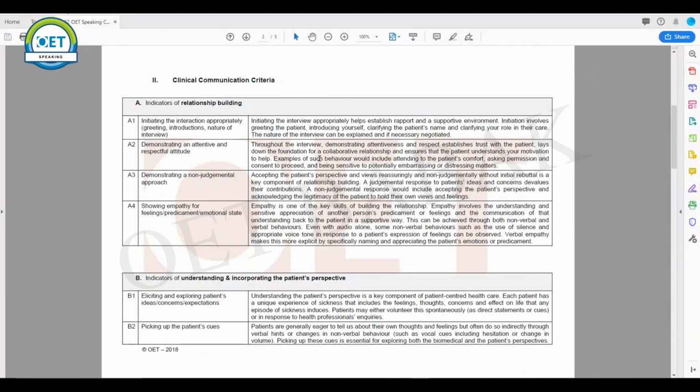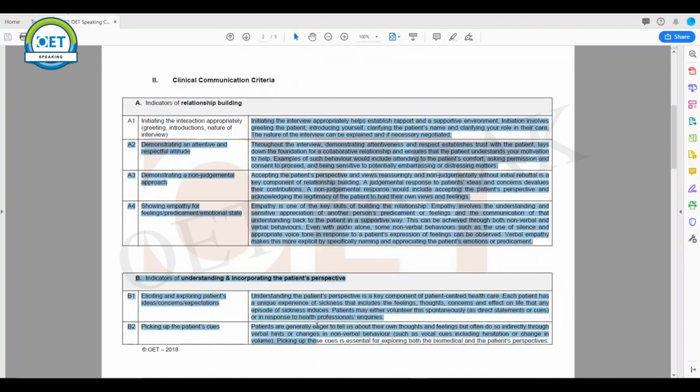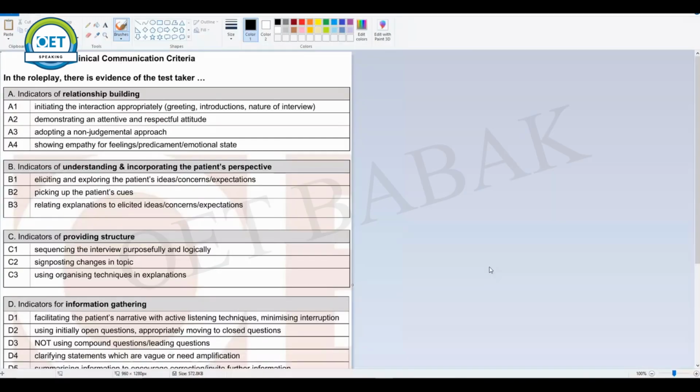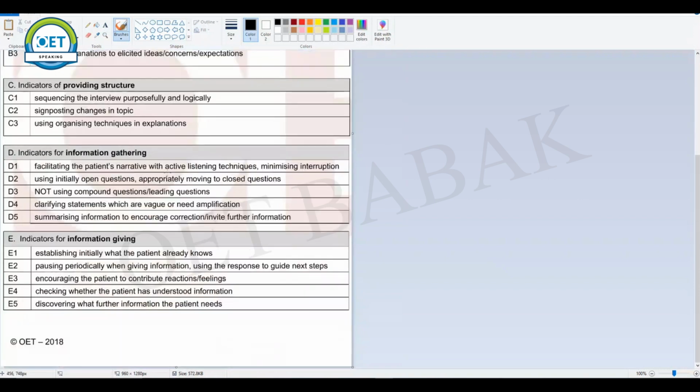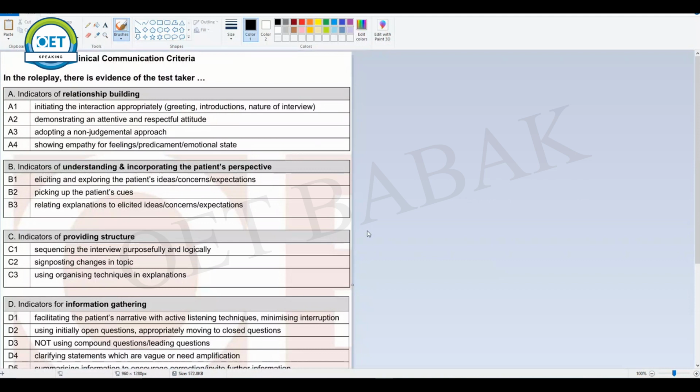All you need to do is memorize all of these and make sure you do all of these. These are tasks that you need to do. And more interestingly, there's a checklist here, and this is what the examiners use. When they listen to the tape, they look at these.